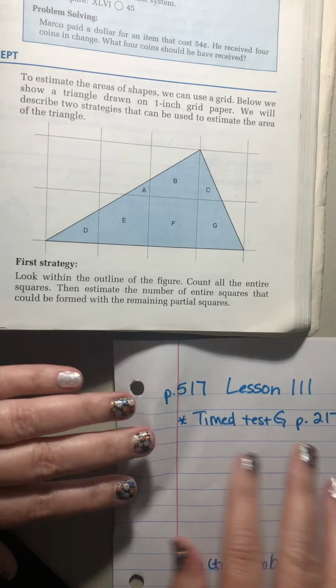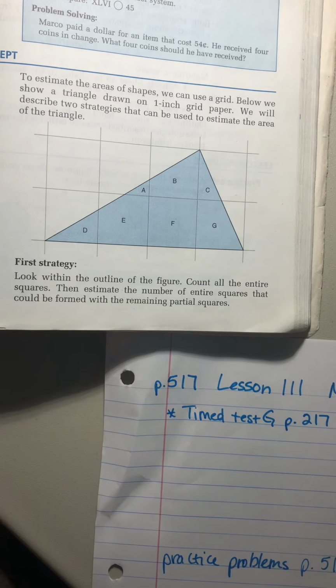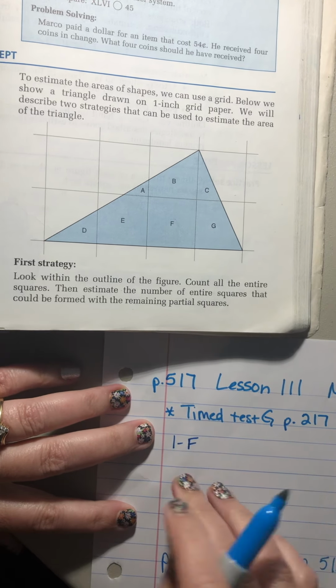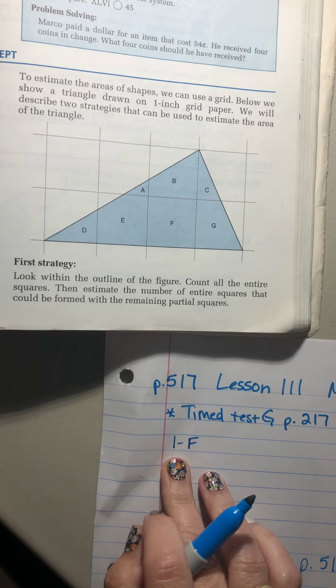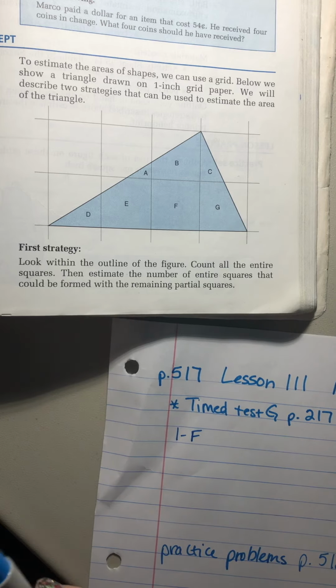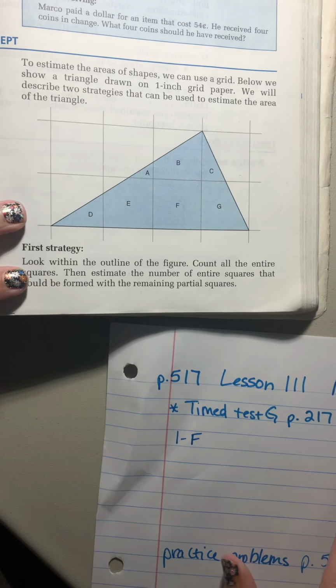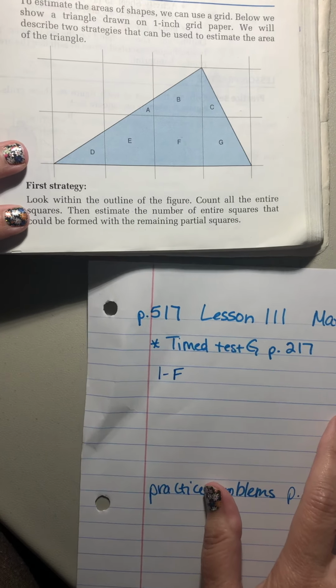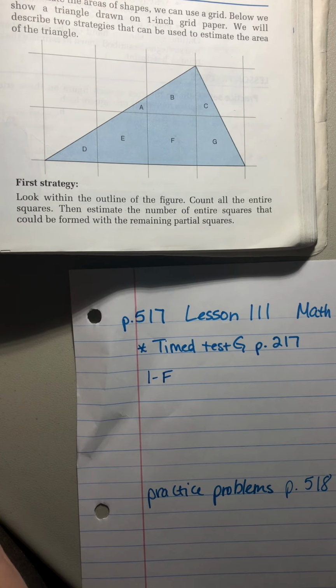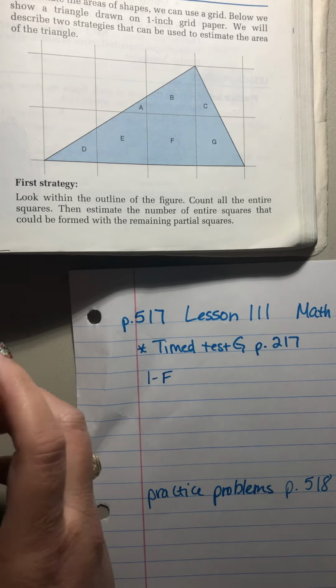So I have 1 for letter F. I'm going to write that down to remind me where I'm at. I have 1 so far. Then I have to start piecing together the rest of it and ask, what can I put together that looks like it could make a whole square?